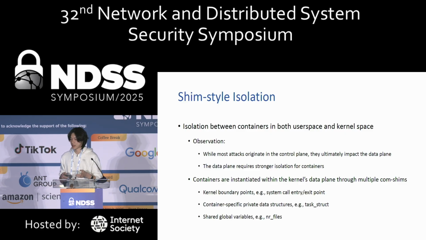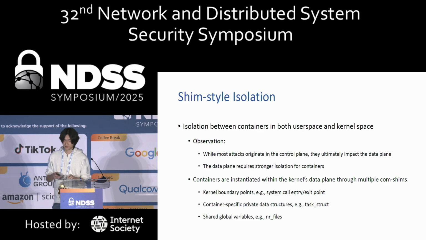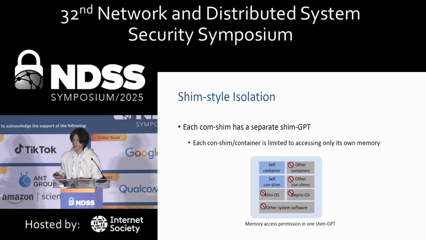So the containers are instantiated within the kernel's data plane through multiple con-shims. We give each con-shim a separate shim GPT. Each con-shim has its own GPT.